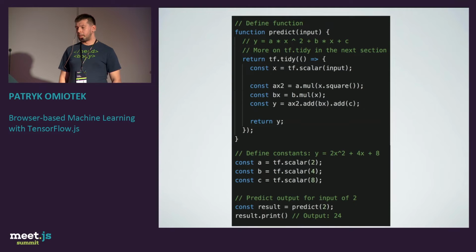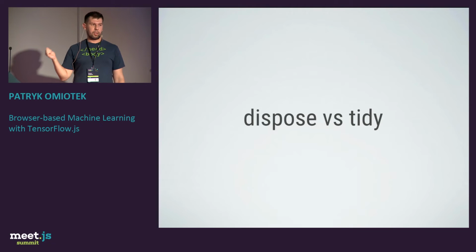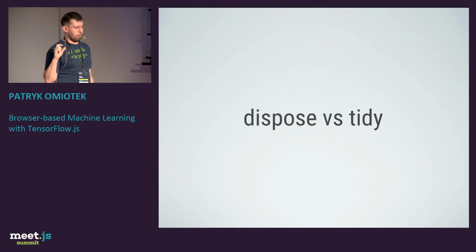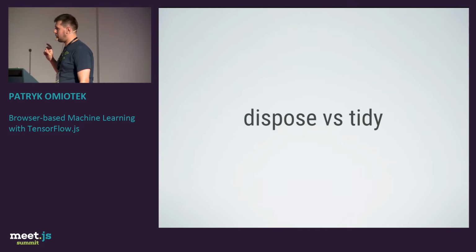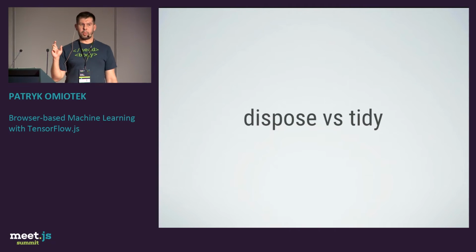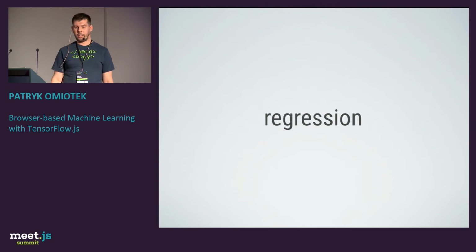Below we are defining scalars, and we are using our model to predict some values. It's a simple example, and I use tidy. Tidy is used for cleaning up GPU memory. So you should remember to clean up after your operations.